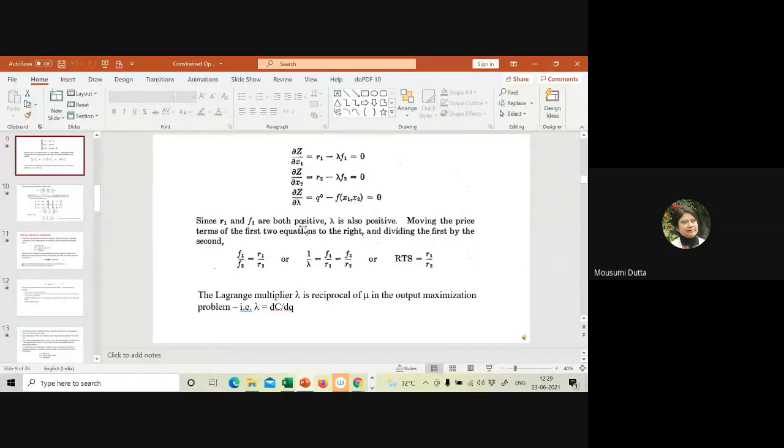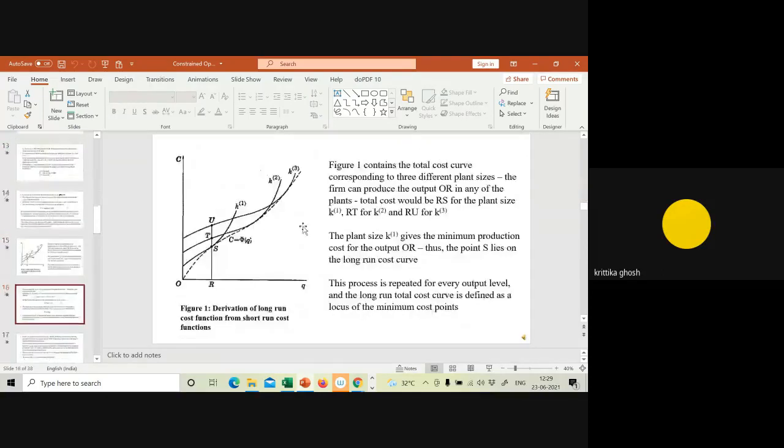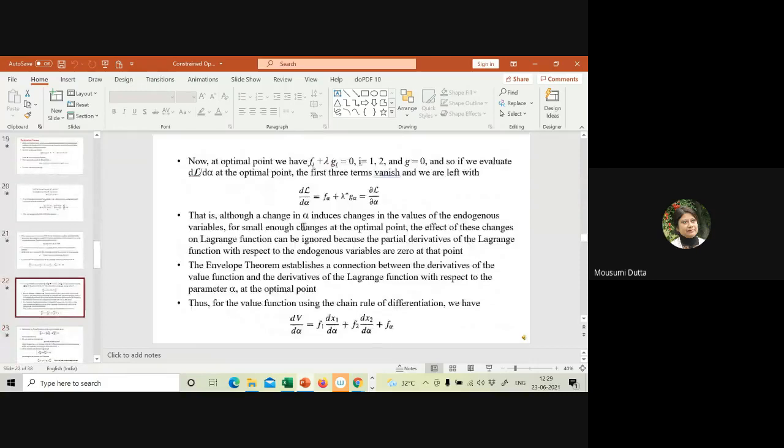So this was the interpretation of lambda. Lambda can be interpreted as marginal cost, change in cost due to change in output. Can you remember this one? Yes or no? Yes, ma'am. Okay, so that I am putting here.